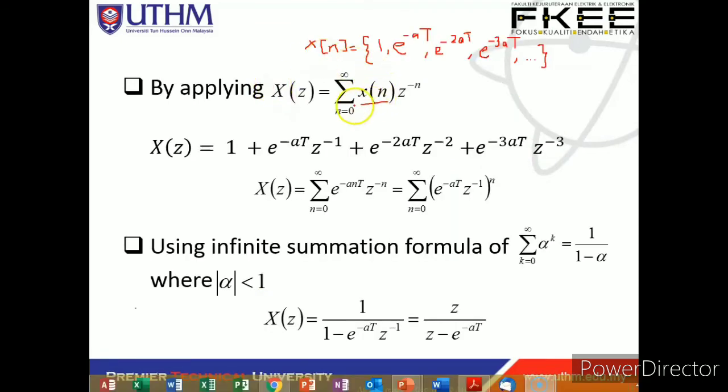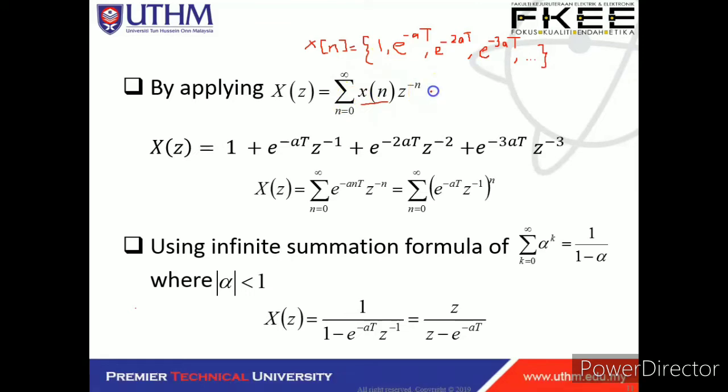So next is we need to find the Z transform for the discrete signal that we have calculated previously. We use this one-sided Z transform for the causal.